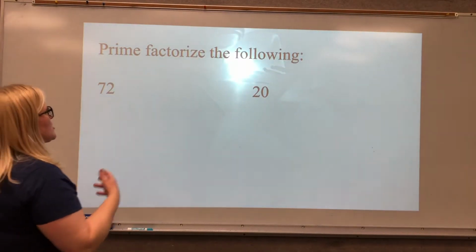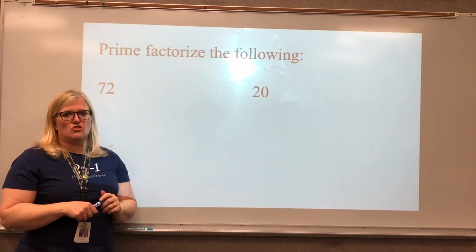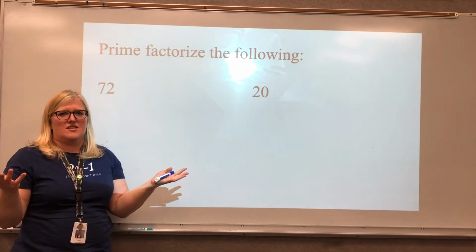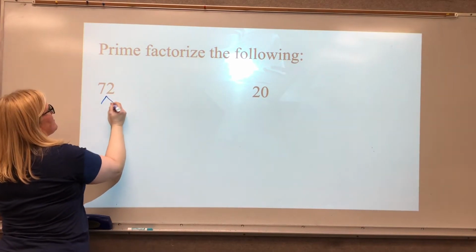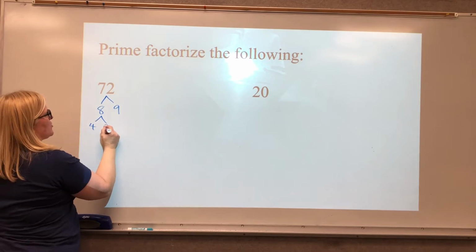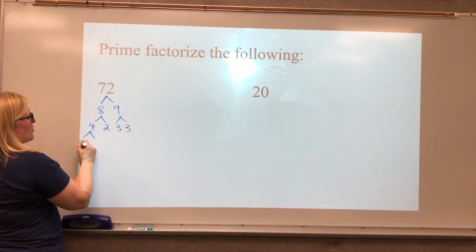Okay, we're going to start though by getting the prime factorization of these two numbers. So this is a factor tree. This is stuff you did a long time ago. So 72 we have 8 and 9, and then 8 we have 4 and 2, and 9 is 3 and 3, and then we can factor 4 down to 2 and 2.